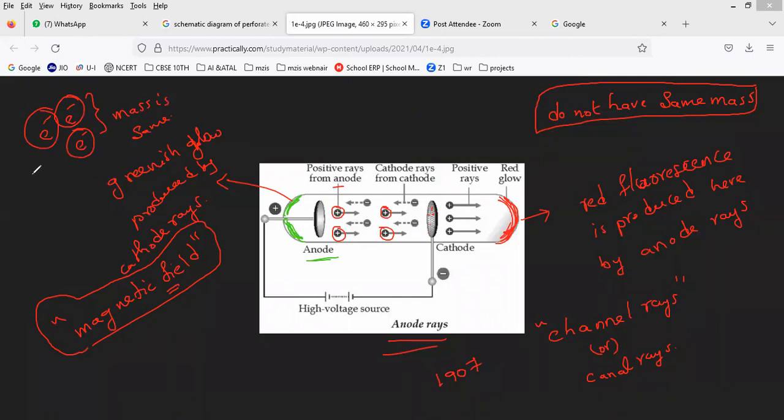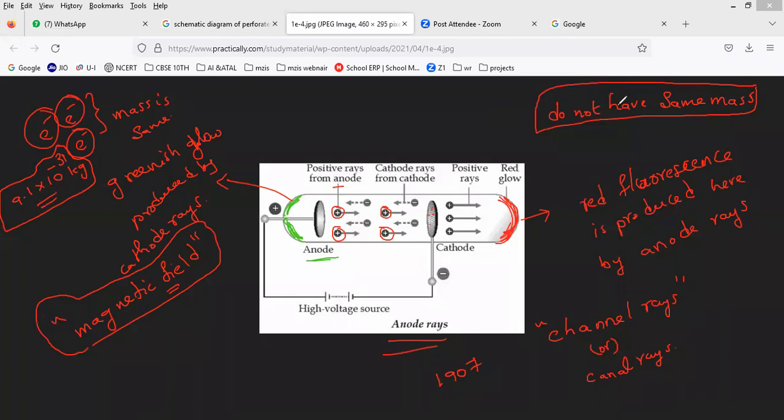What is the mass of the electron? 9.1 into 10 power minus 31 kilogram. This is the fixed mass of the electron. If you take any kind of gas, the mass of the electron remains constant.